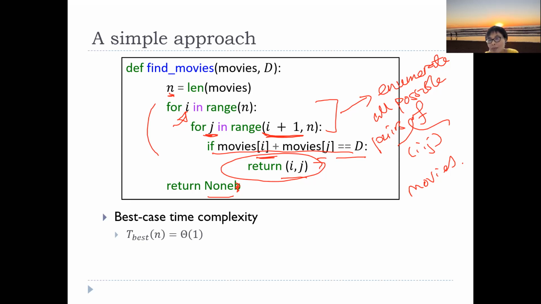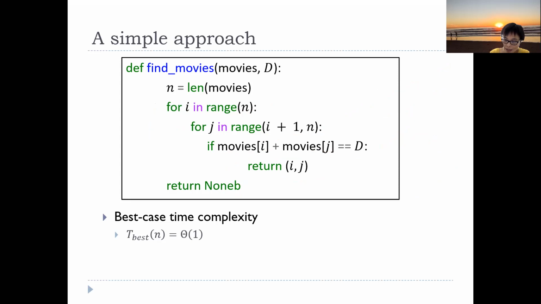What is the worst case time complexity? With the first homework, I assume at this point it's easy to see. We have two for loops. Let me first clear this.